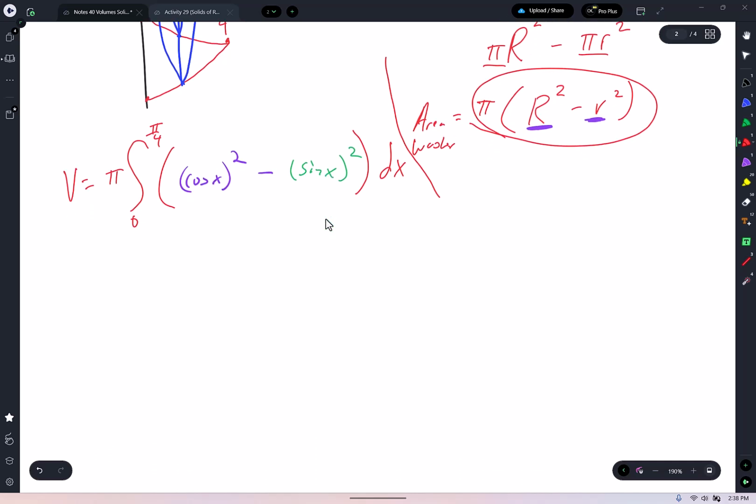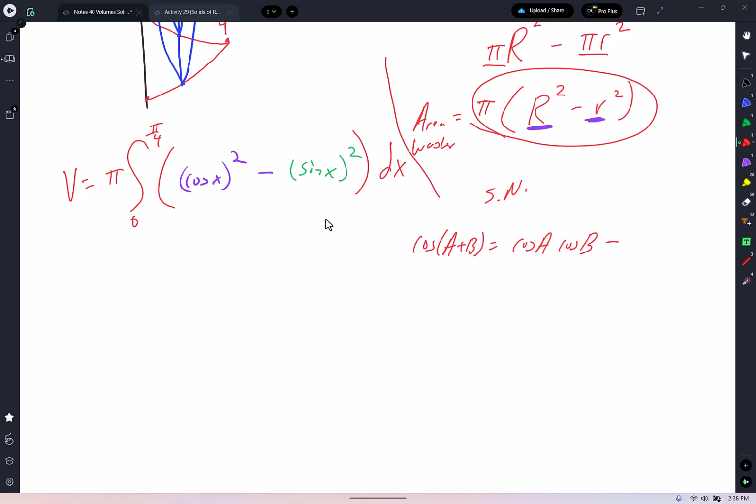So side note, let's do a quick pre-cal lesson. Remember when you guys were in pre-cal, we said cosine of A plus B was cosine A cosine B minus sine A sine B. Do you guys remember that? We did talk about that, right? Last year? Yeah, I thought we did a whole semester on that, or a whole 3 weeks.